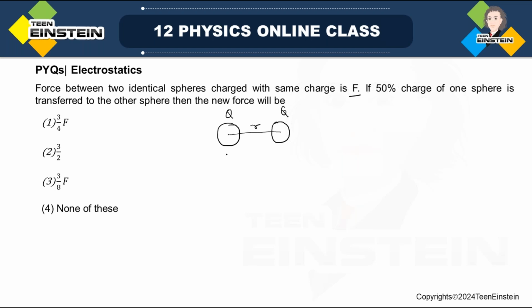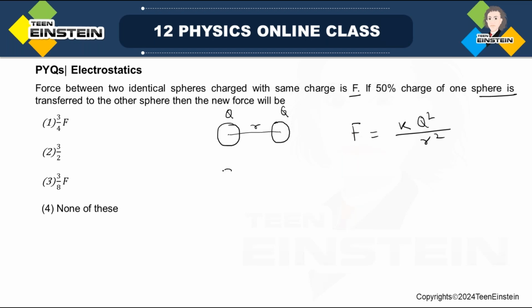Then the force between them was F, and that can be written as K Q square by R square. This is a simple thing. Now look, if 50% of the charge of one sphere is transferred to the other sphere, then what will be the new force?